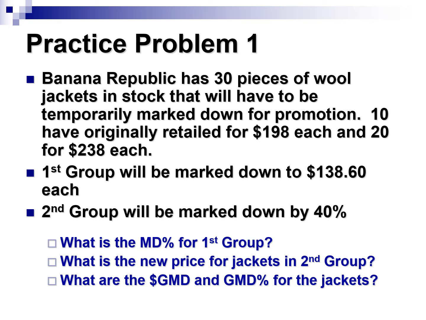Third question, what are the gross markdown dollar and gross markdown percent for these 30 jackets, including the first group and second group, when they are marked down according to the given information? Okay, let's work on this problem. Let's pause the video here.